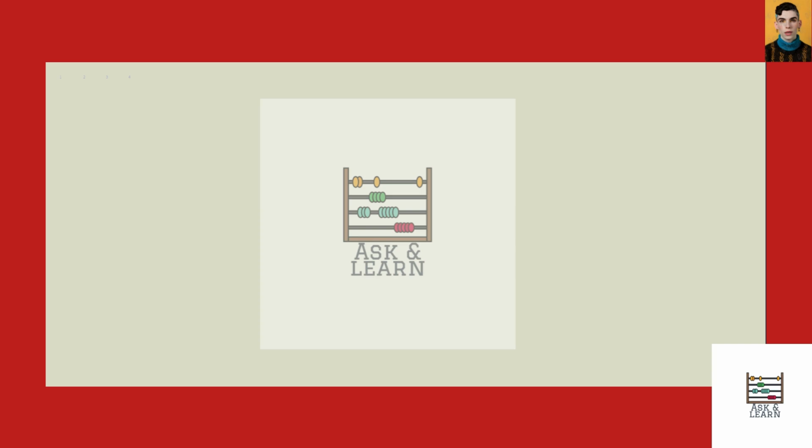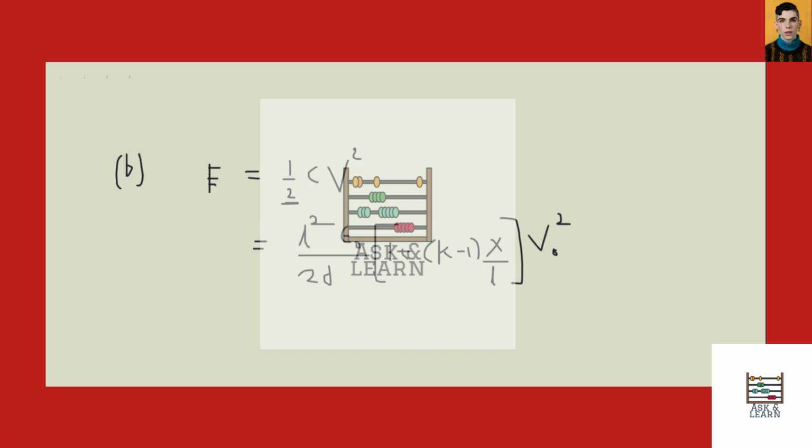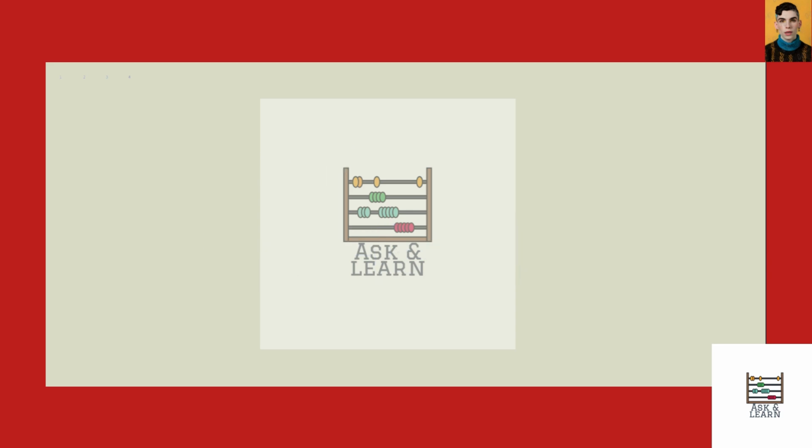Next task is to find the magnitude and the direction of the force exerted on the slab. Now, this energy is also the potential energy, so U equals E. Let's use that. The force is equal to the negative gradient of the potential energy with respect to x.